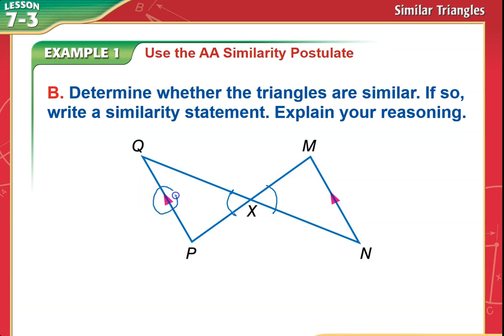These symbols here represent that MN and QP are parallel. Therefore, QN is a transversal. So think about this angle here and this angle here, and what do they have in common, in terms of transversal and parallel lines? If you're thinking alternate interior angles, I think you're on the right path. Therefore, if we have two angles congruent, then the two triangles are similar.